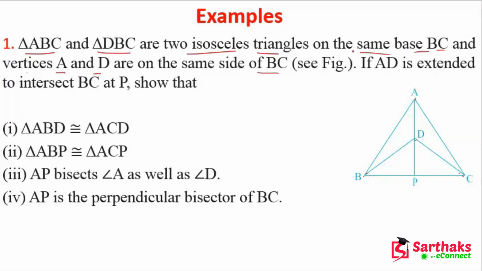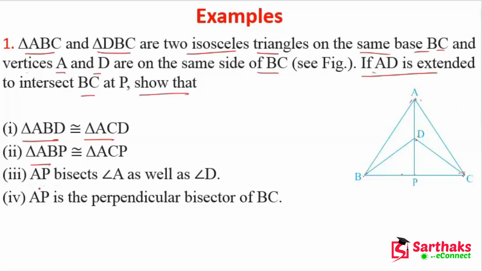Okay, this line BC. If AD is extended to intersect BC at point P, now we have to show that triangle ABD is congruent to triangle ACD, and triangle ABP is congruent to triangle ACP, means this bigger triangle.